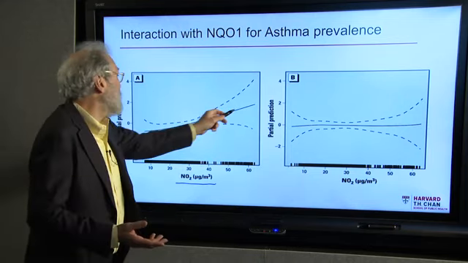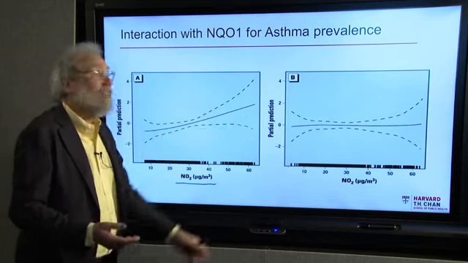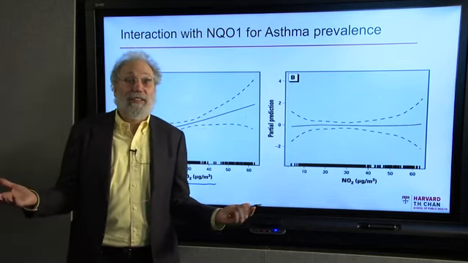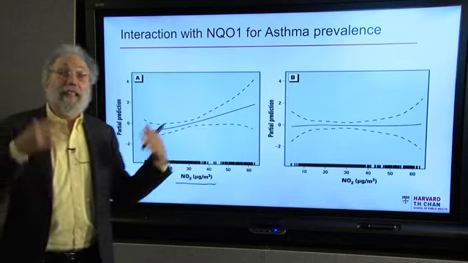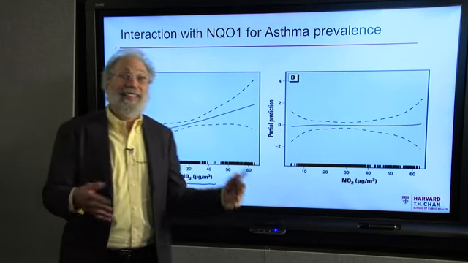So this is an odds ratio of about 2 for the people at the highest levels. Okay? So that is effect modification.